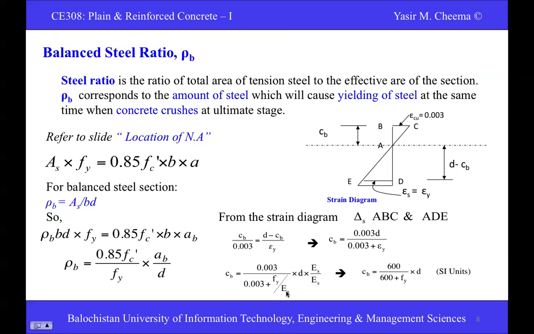The modulus of elasticity is equal to Fy over epsilon y. So similarly, epsilon y is equal to Fy over modulus of elasticity. Alright. Now Cb is equal to this one plus epsilon s over epsilon s. Yes, I can maybe write this.